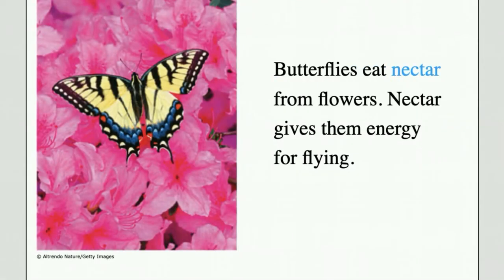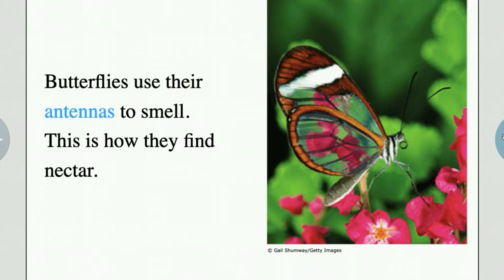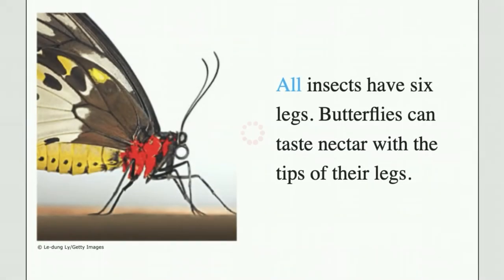Butterflies eat nectar from flowers. Nectar gives them energy for flying. Butterflies use their antennas to smell. This is how they find nectar. All insects have 6 legs. Butterflies can taste nectar with the tips of their legs.